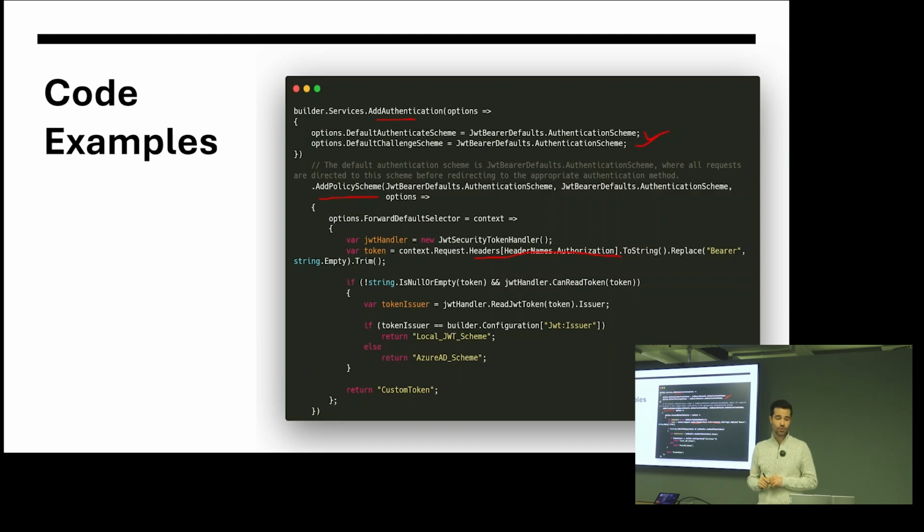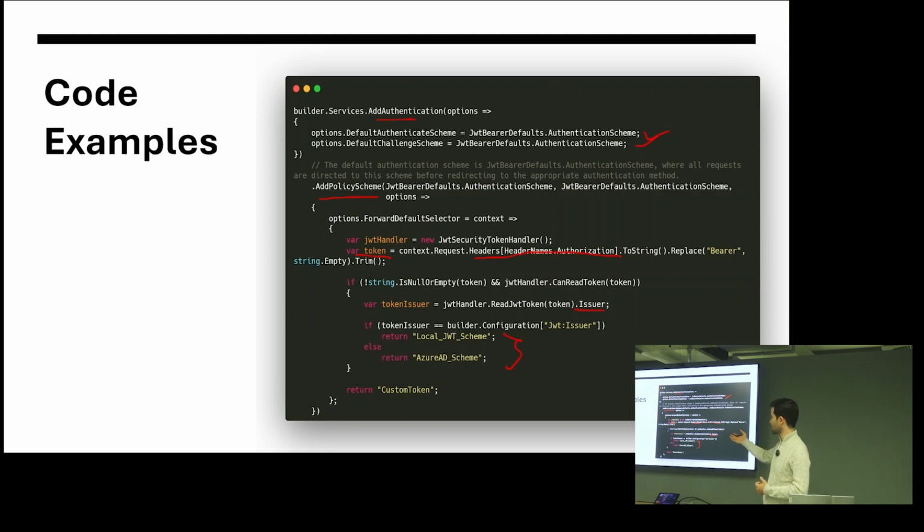Then I'm going to remove the Bearer prefix to have access to the token. And then if everything is fine, maybe the token is valid, then I'm going to read the issuer of the token. In this scenario, which I mentioned in the previous slide, I have two providers.